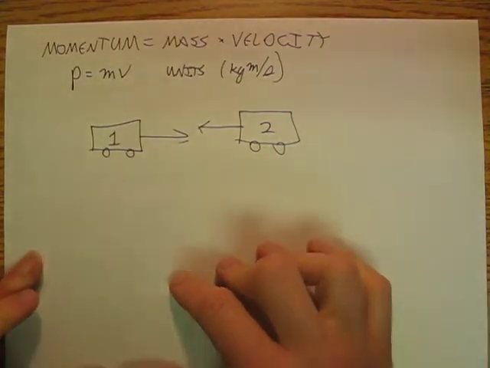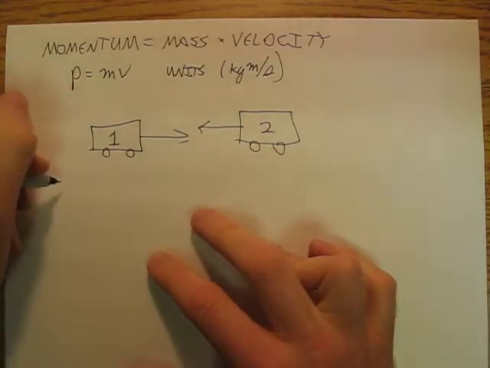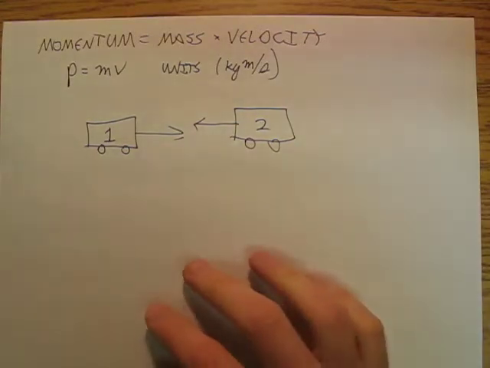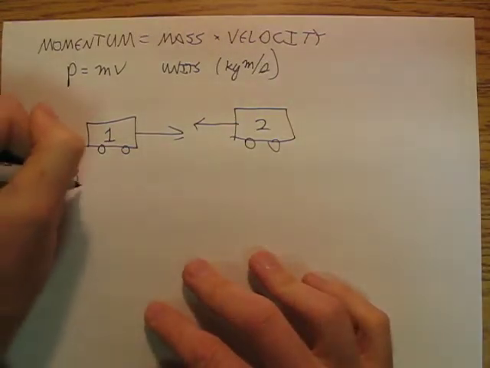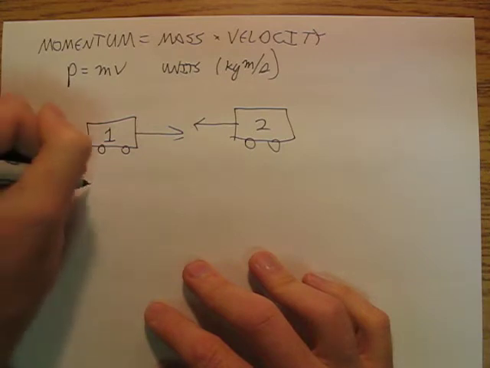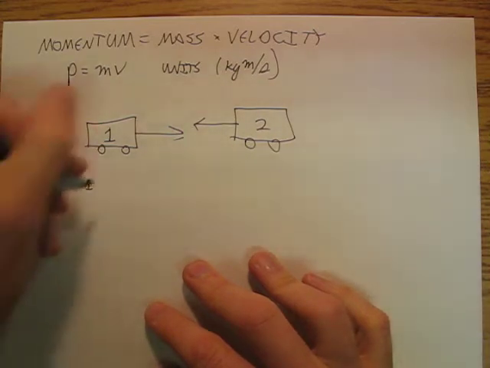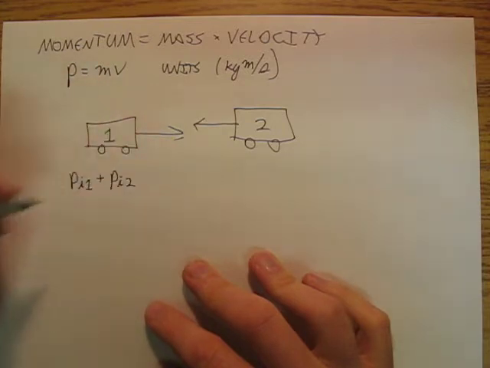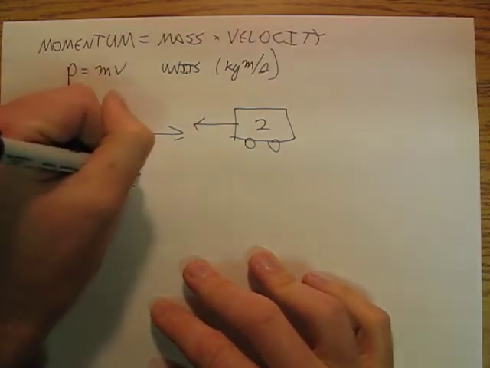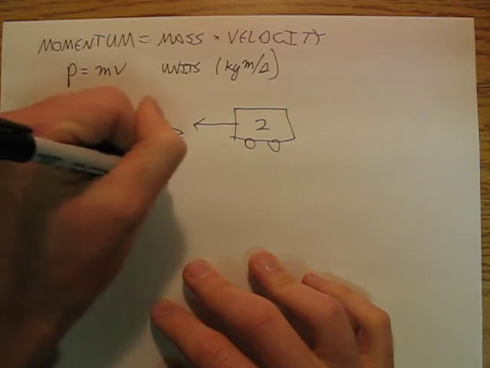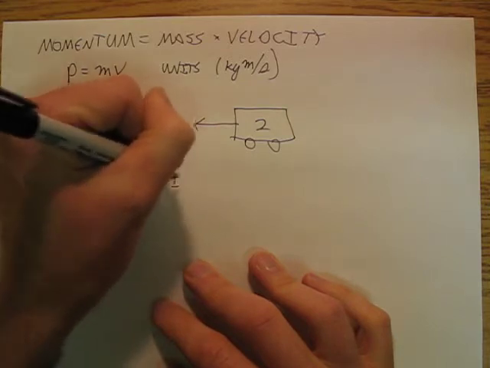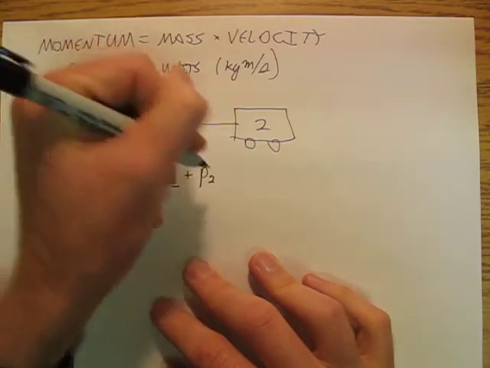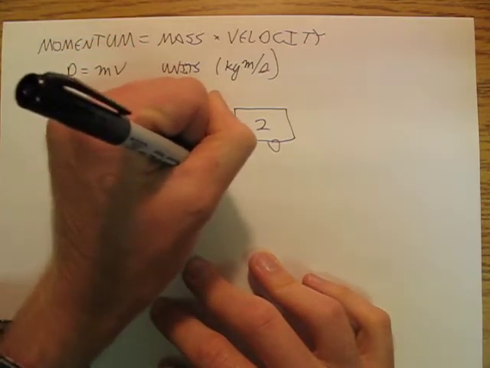And the big equation that we're going to work with is that the initial momentum of object 1 plus the initial momentum of object 2 is going to equal the final momentum of object 1 plus the final momentum of object 2.